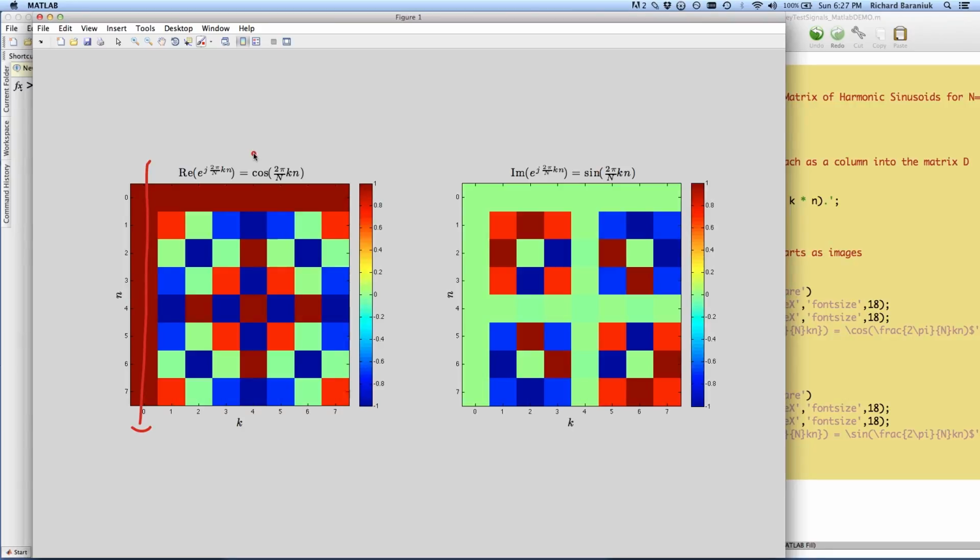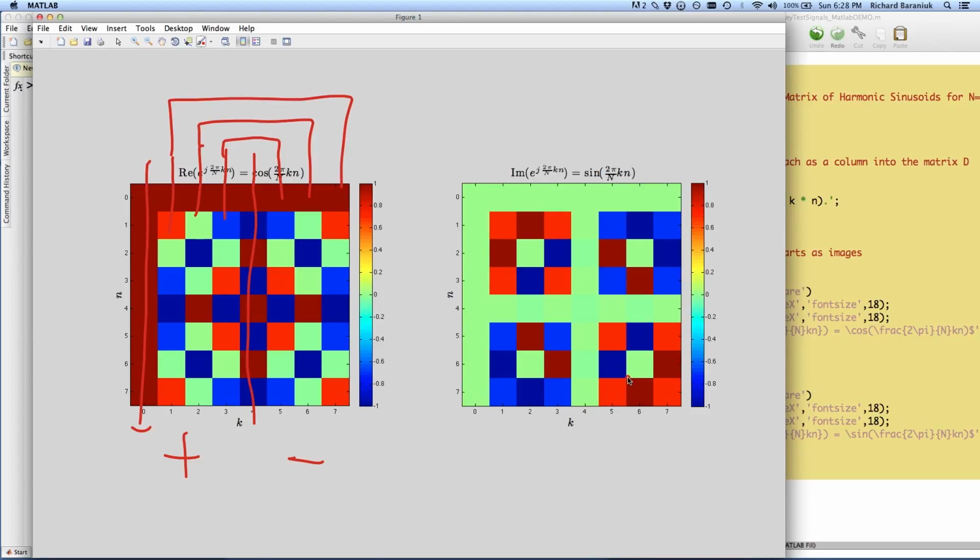We can also see that the fourth column, k equals 4, oscillates between +1, -1, +1, -1, etc. Then we can see the other columns correspond to 1 oscillation, 2 oscillations, 3 oscillations per 8 samples. We can also see that these columns are repeated due to the fact that we have positive frequency over here, negative frequency over here, and the cosine of a positive or negative frequency signal is the same.